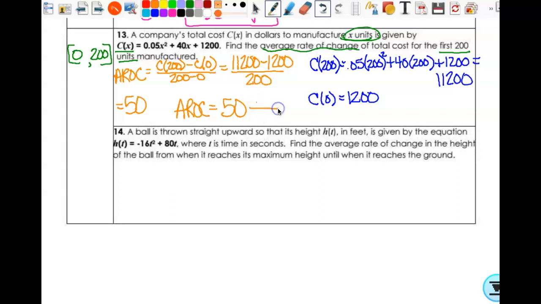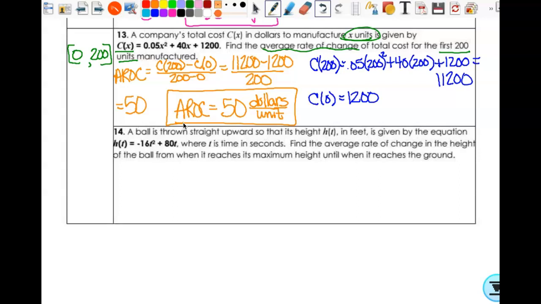So that's 50, and then that's dollars. And the denominator is what? Units. Okay, so this is dollars per unit. That's your average rate of change, $50 per unit. Okay, any questions about that? We good?